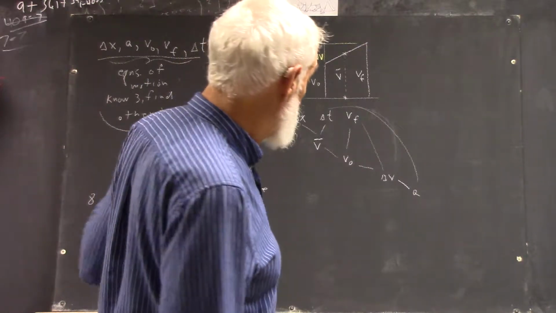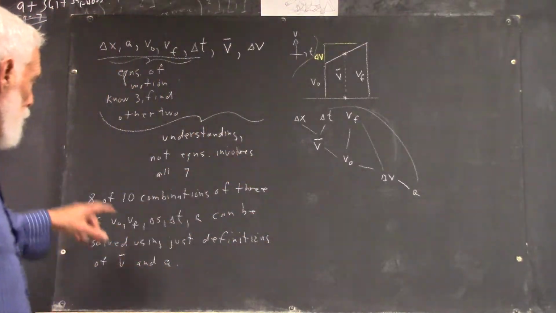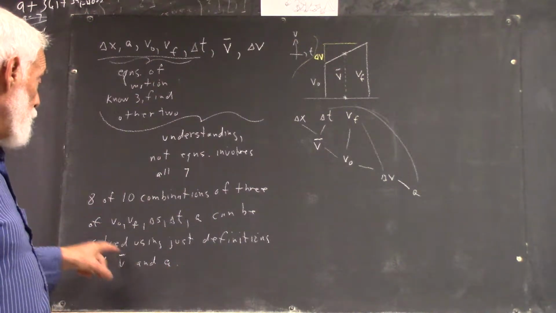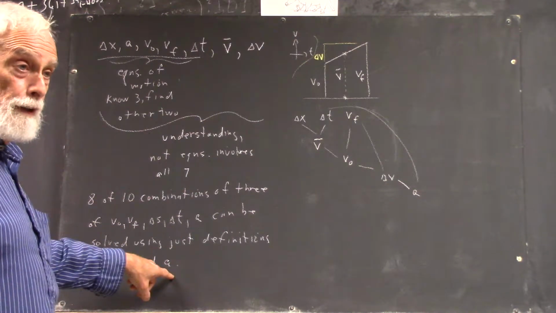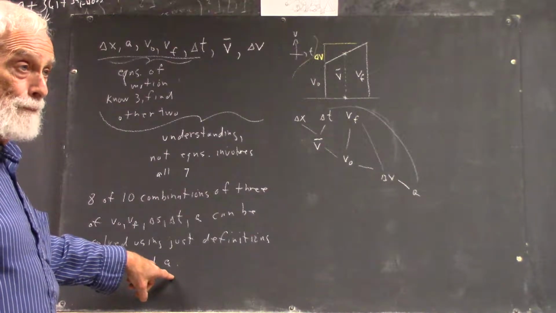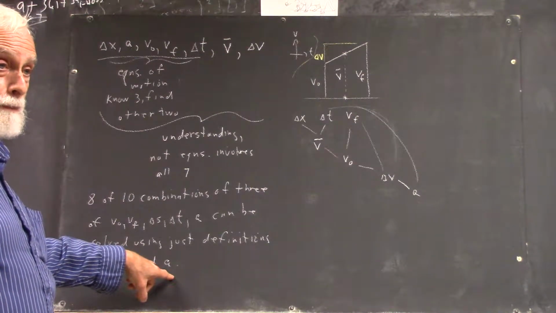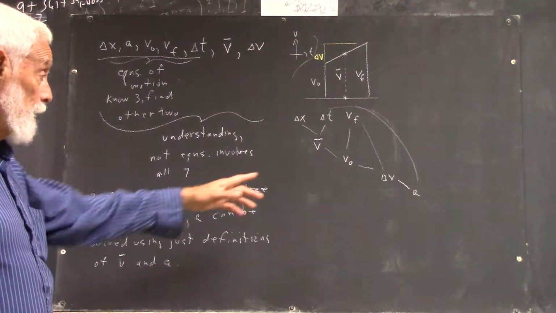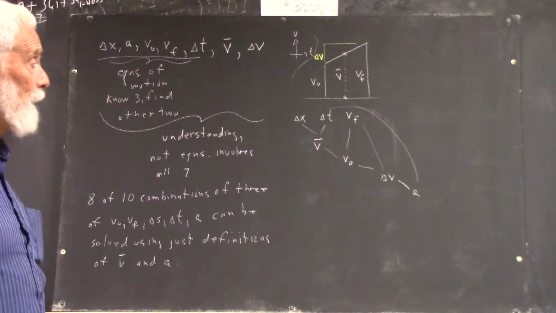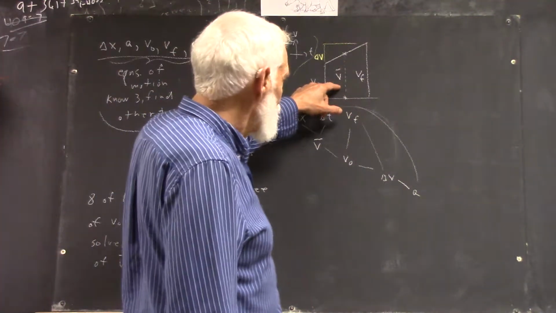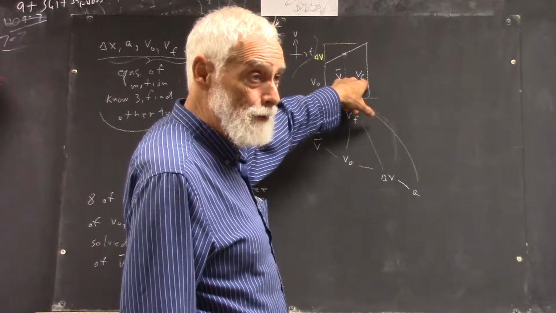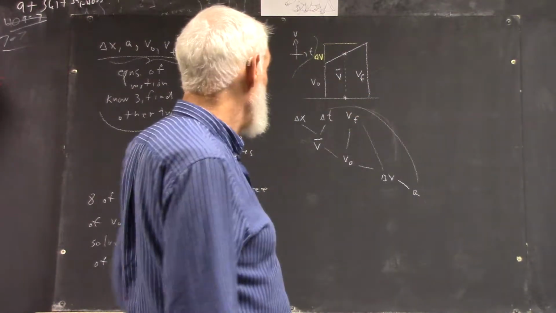Okay, definition's going to intuition, but formally, everything that I've done here depends on just the definitions of V bar and A, for uniformly accelerated motion. Nothing I did here fails to come from that definition. And the fact that V bar is VF plus V naught over 2, because that's not the definition here.